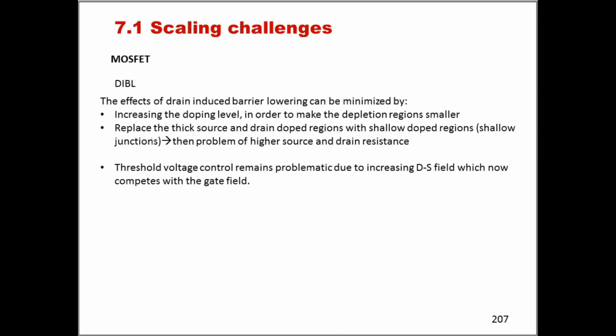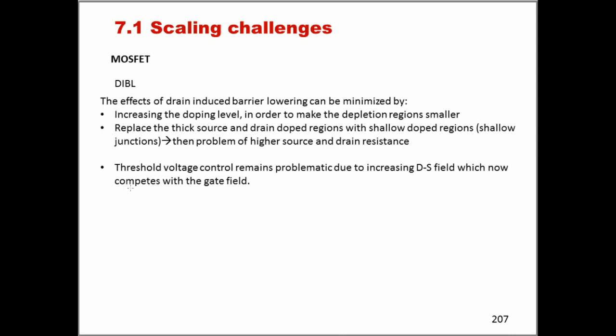Or we can, for example, replace the thick source and drain doped regions with shallow doped regions, so shallow junctions. This also would avoid the creation of very large depletion regions. The problem, though, with this solution is that by reducing the volume of the drain and source contact, effectively we are increasing the resistance of that piece of material. And so this is really something that we don't want.